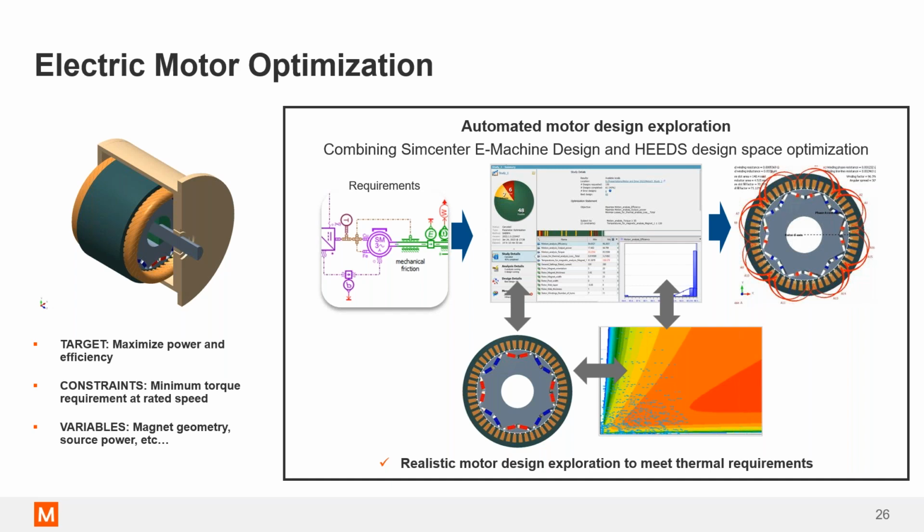We said, here's a minimum torque, effectively a minimum power requirement that we wanted it to meet, and that was just to help filter out low power designs. We gave it all sorts of variables it could play with, things around the magnet geometry, some winding setup, some source power setup, and we let this rip and told HEEDS, come back to us with a better design.